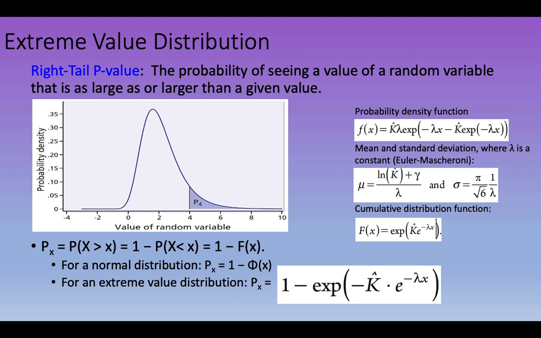So if we think about a right tail p-value in traditional statistics, we know what a p-value is. The probability we're talking about here is the probability of seeing a value of a random variable that is larger or as large as a given value. So what's the probability, in other words, that if I pull a value at random, I'm going to end up in this tail?